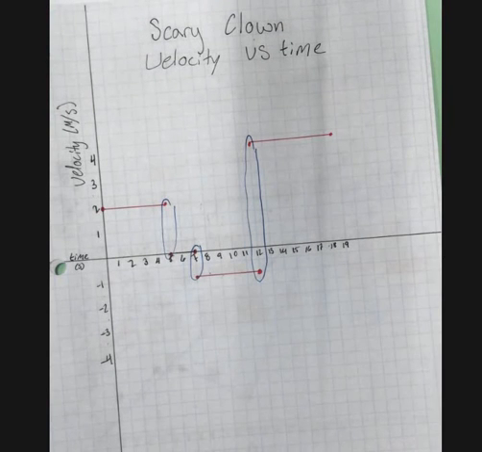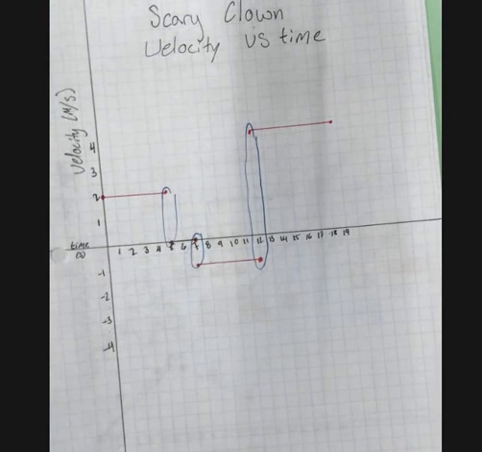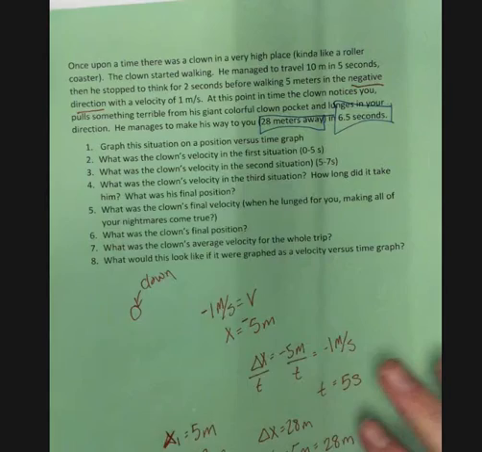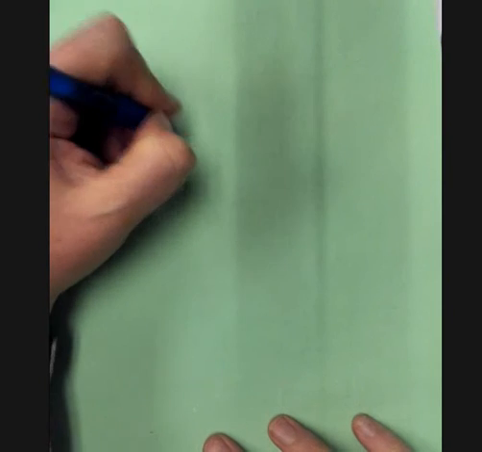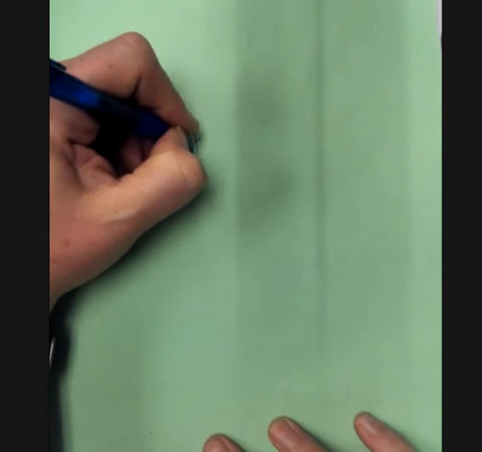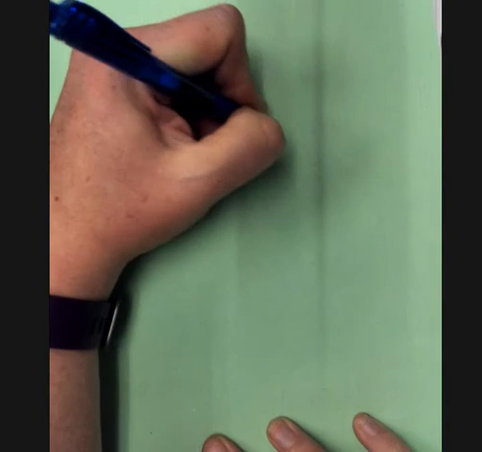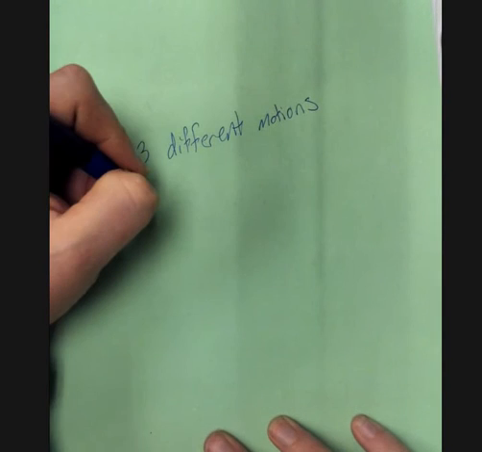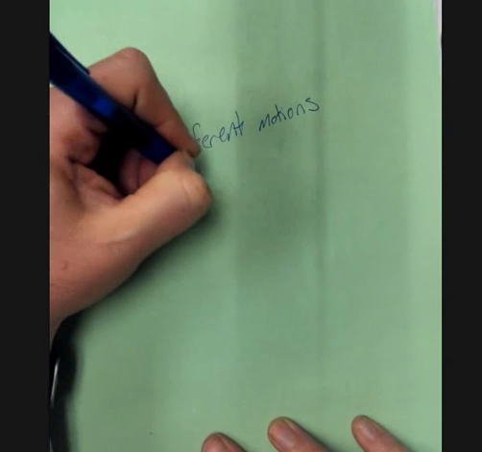I would also like you to write your own story. It could be a short story. Alright, when I say you write your own story, I want 3 different motions. Alright. The dog ran forward.